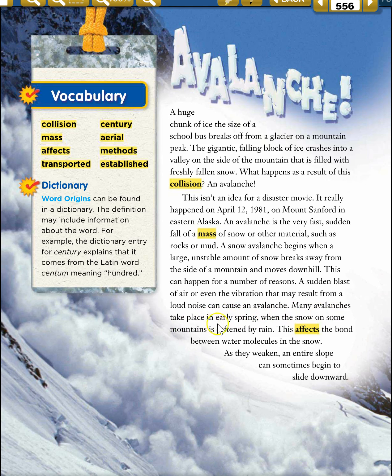Many avalanches take place in early spring, when the snow on some mountains is softened by rain. This affects the bond between water molecules in the snow. As they weaken, an entire slope can sometimes begin to slide downward.